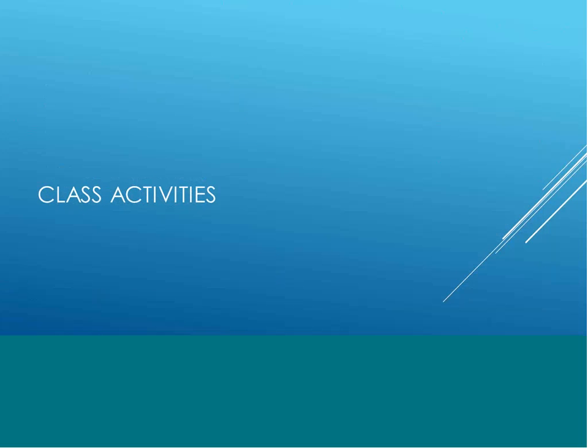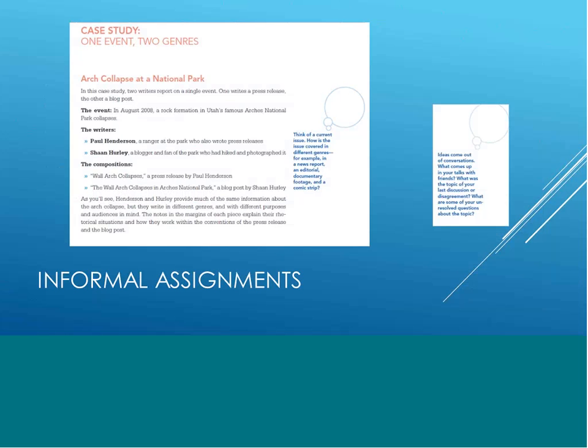Okay, so now what we'd like to do is go over briefly some class activities. One of the things that the book has throughout are informal assignments, and what we're calling informal assignments are these little bubbles that appear.